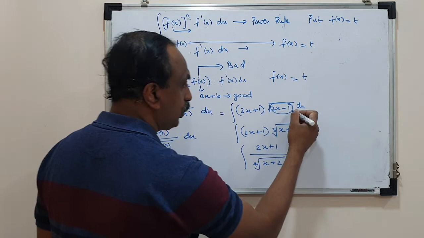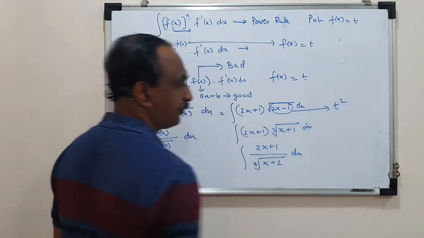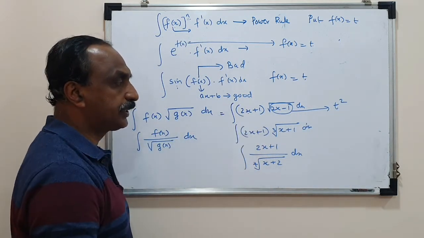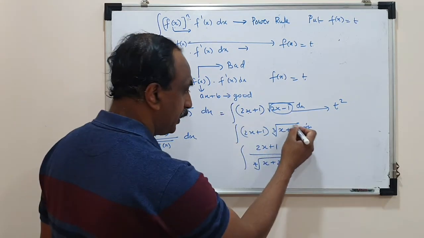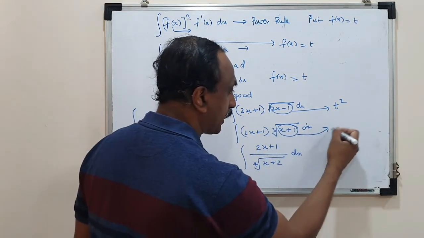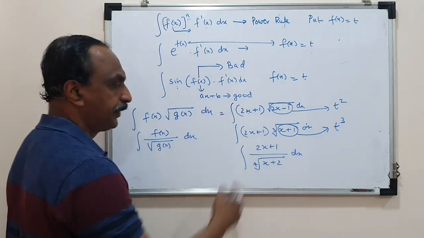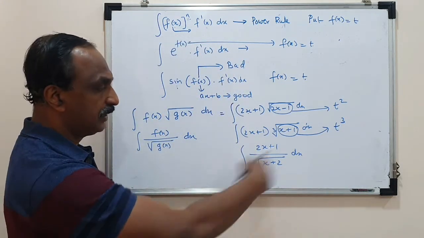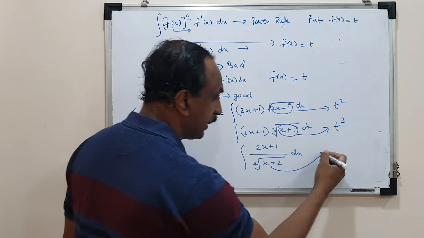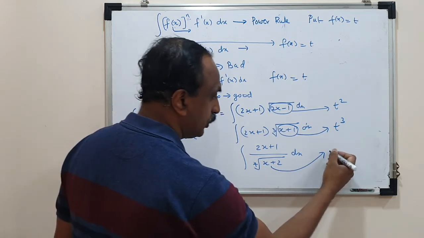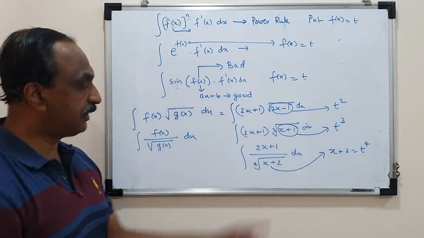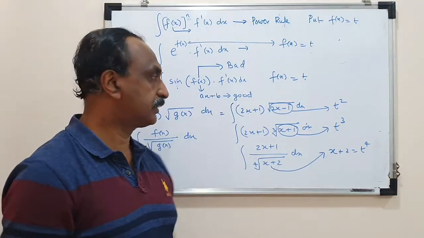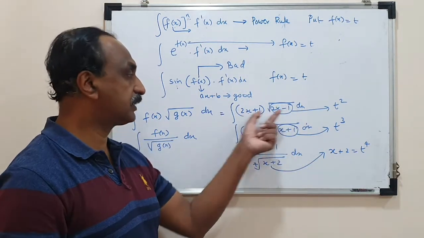Whatever is inside the square root is put as t square, then change everything into t, dx also to dt, and integrate. Whatever is inside the cube root should be put as t cube, change x also in terms of t and then integrate. Whatever is inside the fourth root should be put as t raised to 4, and then change everything into t and then integrate. These are the things that we have done as radical powers.